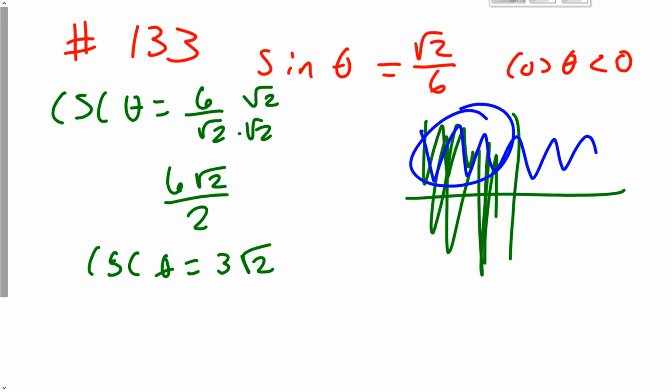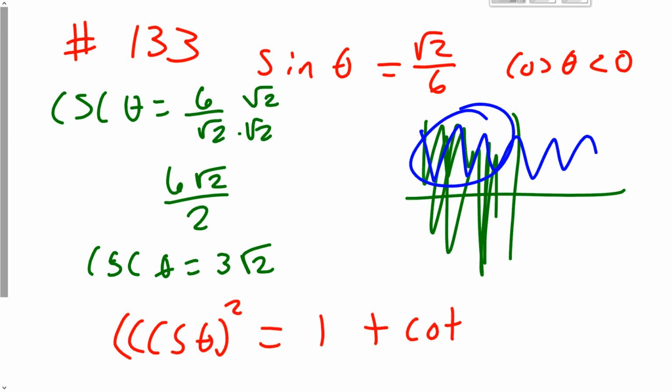Remember from our last 131 that cosecant of theta squared is equal to 1 plus cotangent squared of theta, right? So if I square this and subtract 1, then I'll get cotangent squared. Subtract 1 from this, subtract 1, and then square root.